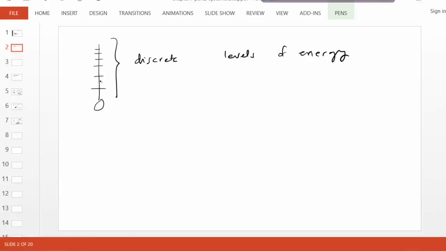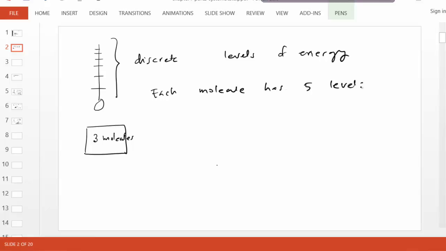Just suppose, for the sake of argument, that we have a system with only 3 molecules. Of course, we understand there are trillions and trillions of molecules. So suppose again for simplicity, each molecule has 5 discrete levels of energy. In other words, each molecule can have energy only in one of those 5 steps.